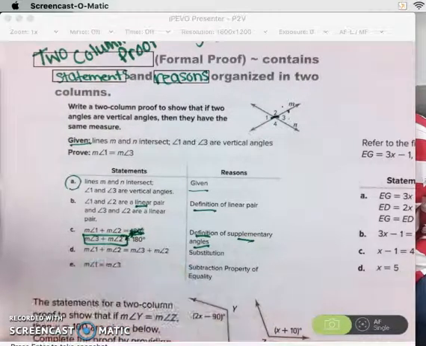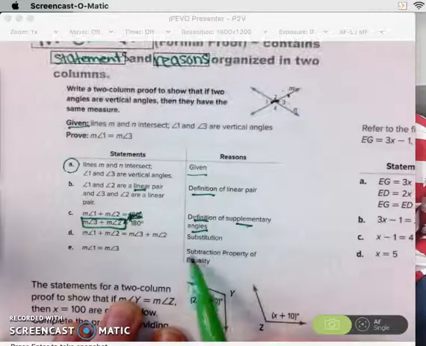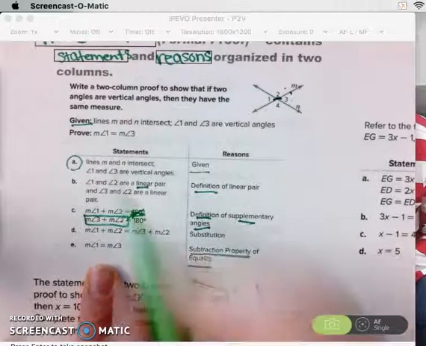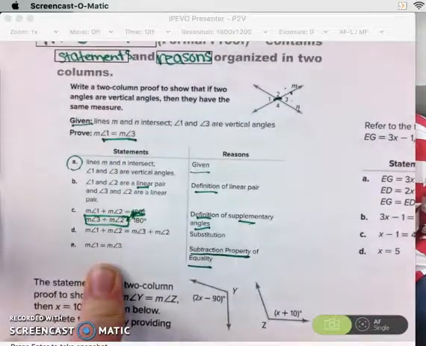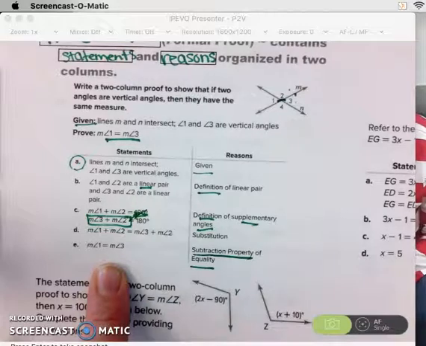If you take something away from both sides of an equal sign, it stays equal, correct? So it's the subtraction property of equality. And I just proved what they wanted me to prove, that the measure of angle 1 is equal to the measure of angle 3.